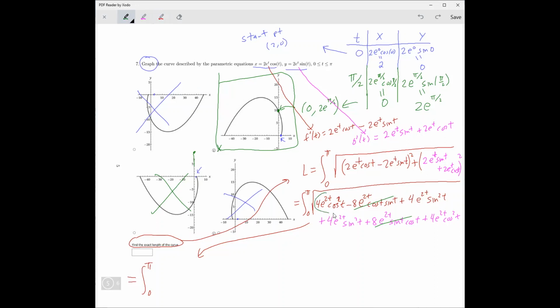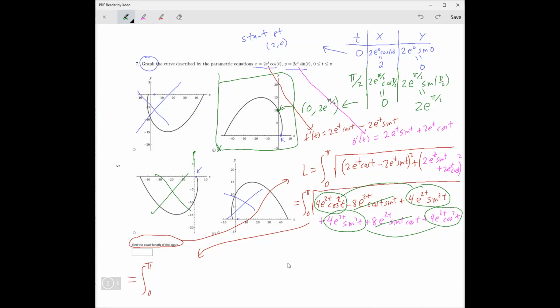So if you take that and that, then that's 4 e to the 2t times cosine squared, and likewise I could take that and that.